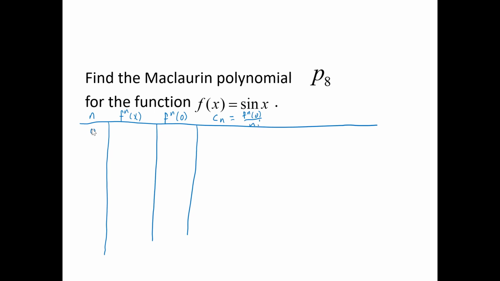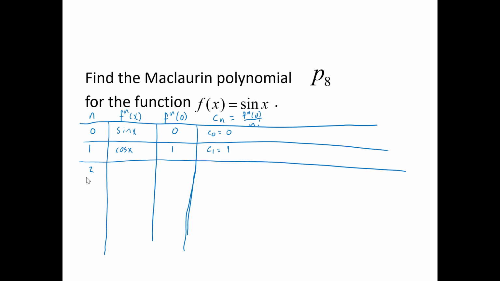So when n is 0, we're just looking at the regular sine function. And the sine of 0 is 0. And so then C0 is 0. When n is 1, the first derivative is the cosine of x. The cosine of 0 is 1. And so then C1 is 1 over 1 factorial, which is 1.